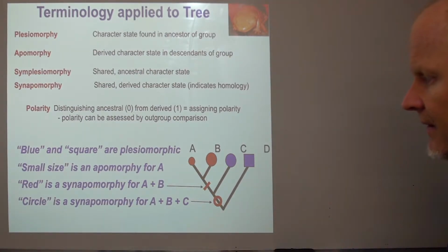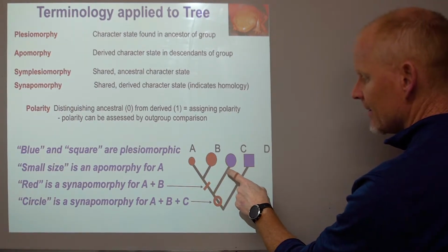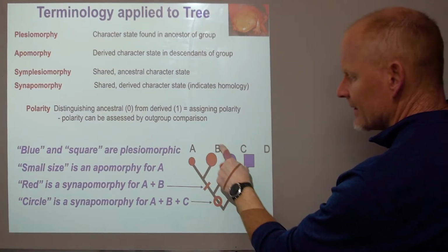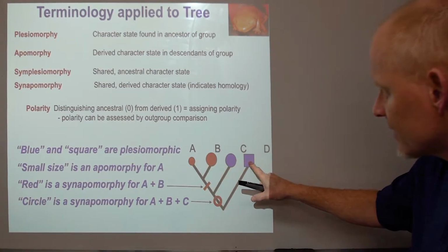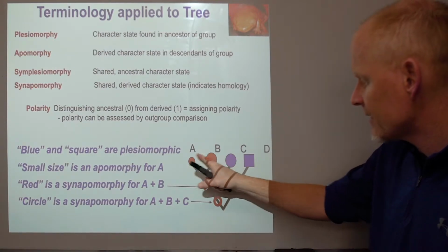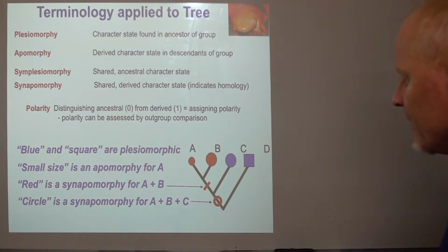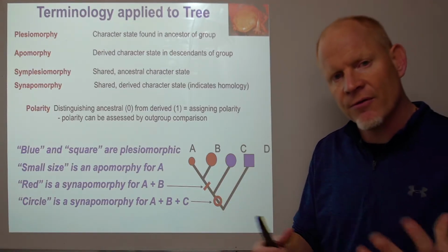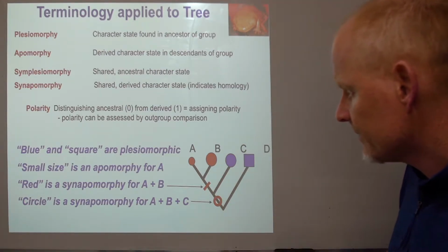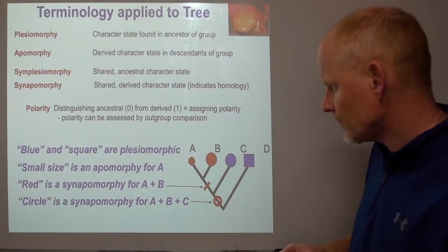They share it. Circle is a synapomorphy for A, B, and C, right? So it's a synapomorphy. These are all circles. Obviously, this one is square. Blue is also considered ancestral because these two have red, right? So that's kind of how you look at a tree and determine apomorphy versus plesiomorphy.